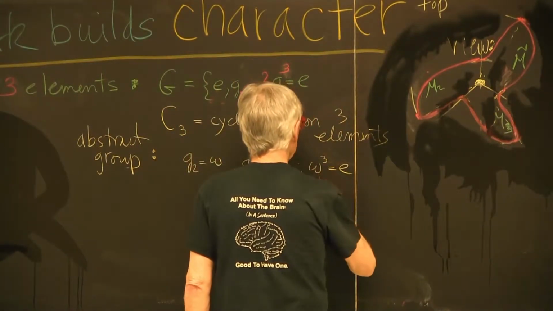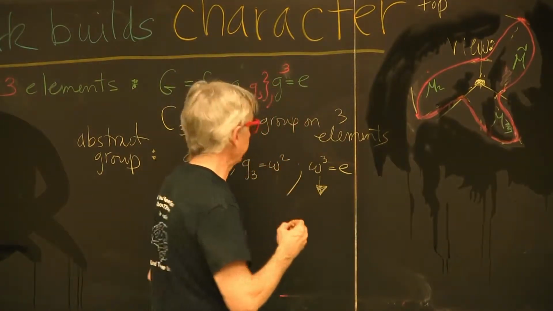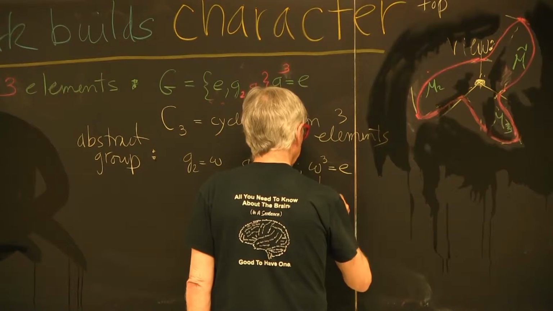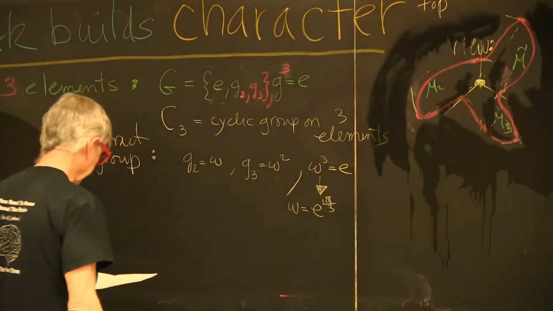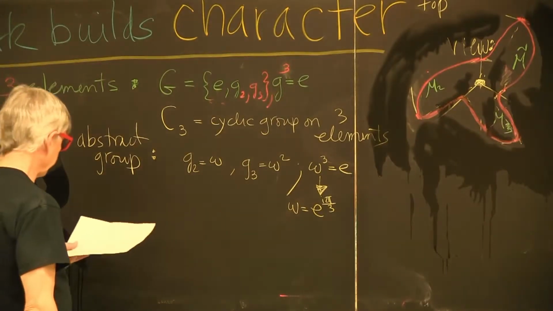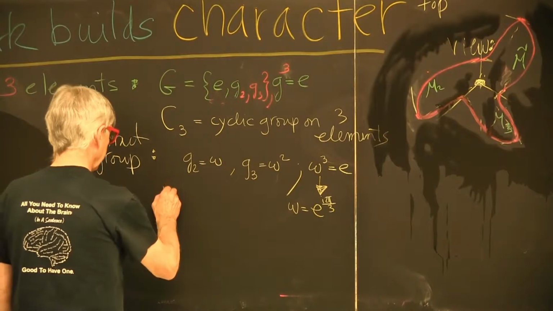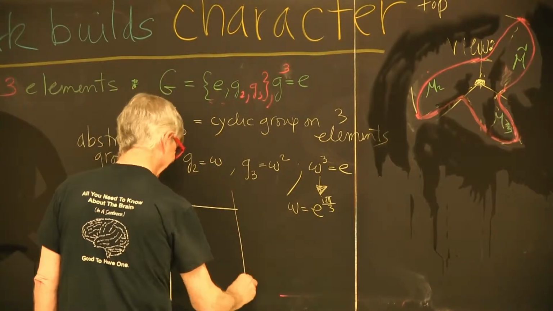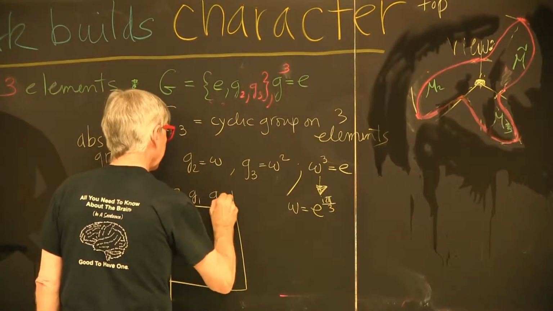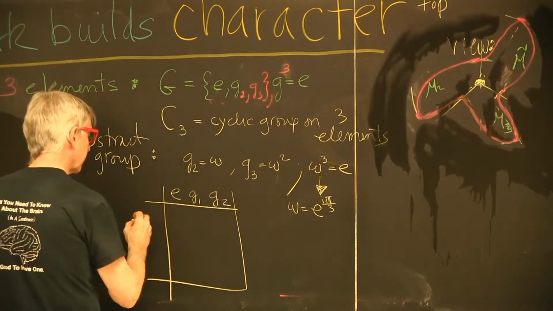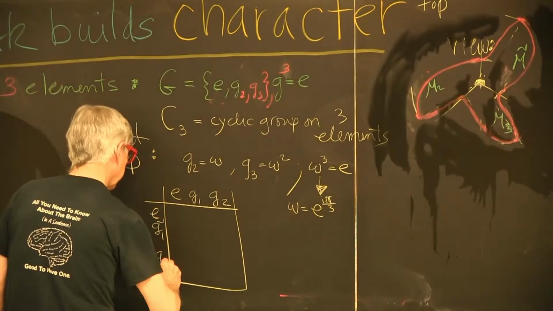Now that will imply that I can think of omega as a cube root of identity. So one natural representation of the group is one-dimensional, but in terms of complex numbers. And this is just e to the 2 pi i over 3. So that's one representation. Then the abstract group has a multiplication table. So every group is defined by its multiplication table. First element, second element, and then it's natural to write multiplication tables in terms of inverses on this side.